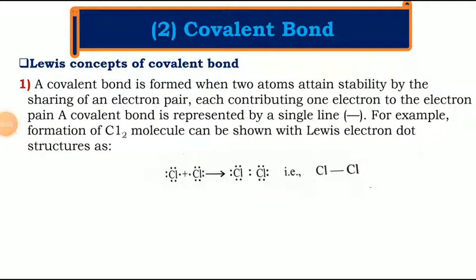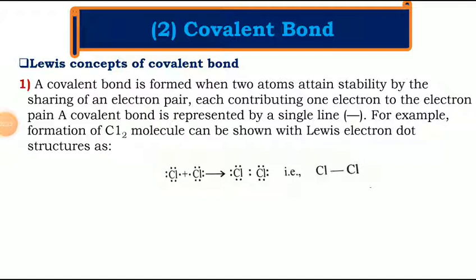First, a covalent bond is formed when two atoms attain stability by the sharing of an electron pair, each contributing one electron to the electron pair. A covalent bond is represented by a single line.